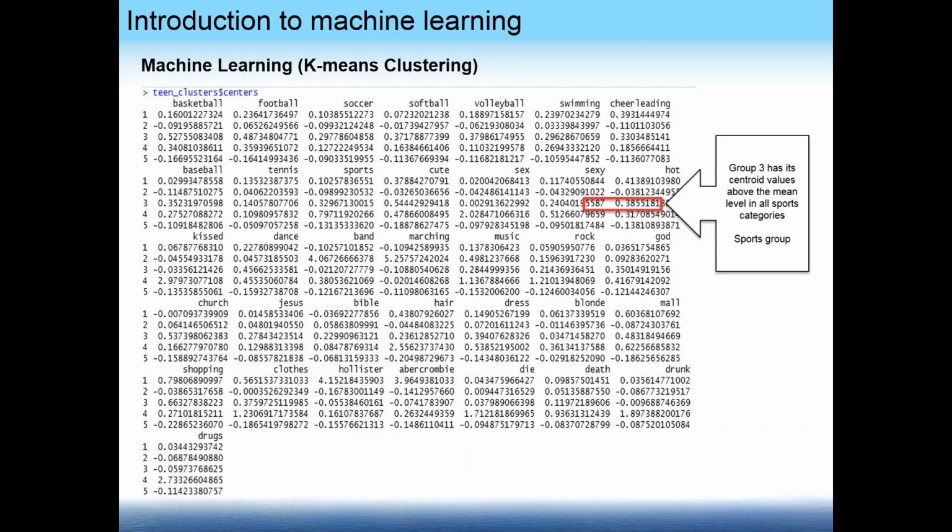That means this third cluster must be interested in sports. See, the value of this third cluster's mean is high. So that means that this third cluster is interested in these sports. Okay.